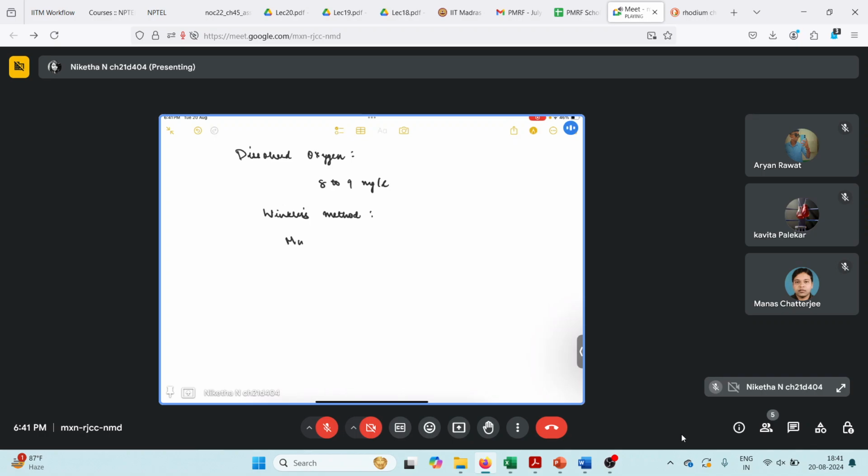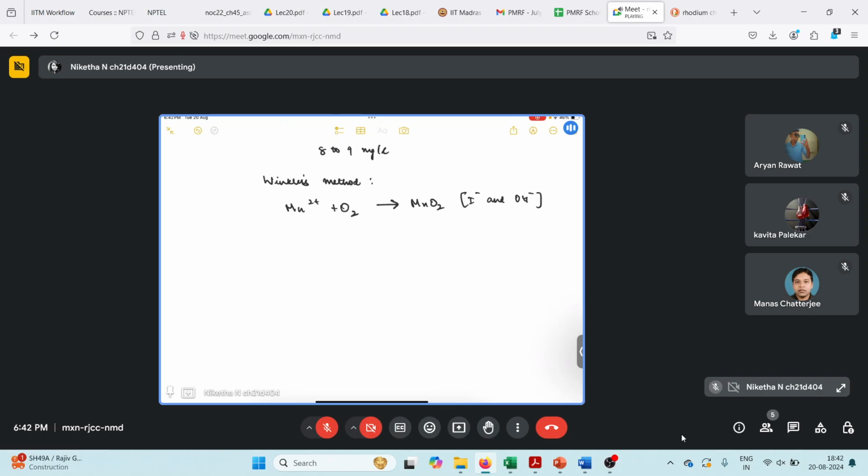So what this is, in the presence of oxygen, Mn2+ will react with oxygen and give out manganese oxide, and this will happen in the presence of I- and hydroxide ions. Whatever oxygen was dissolved in the sample will convert Mn2+ to MnO2.